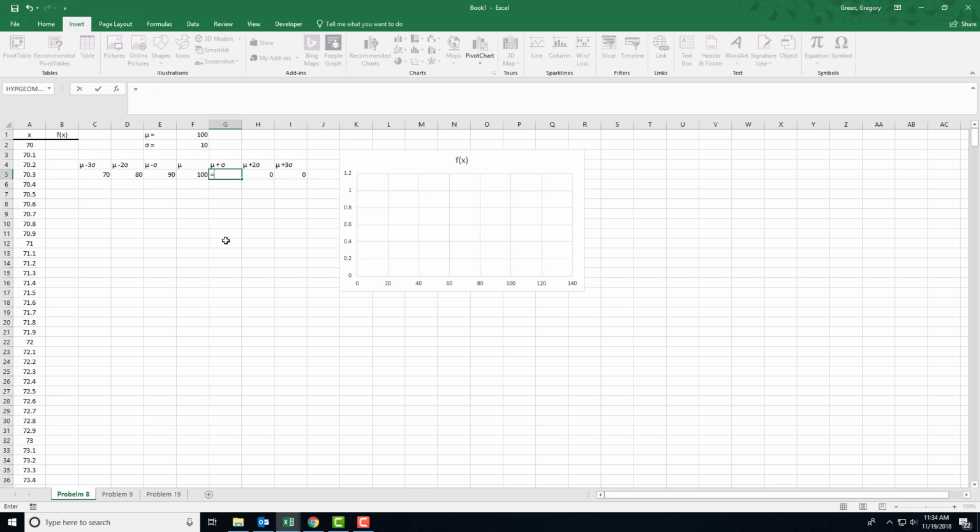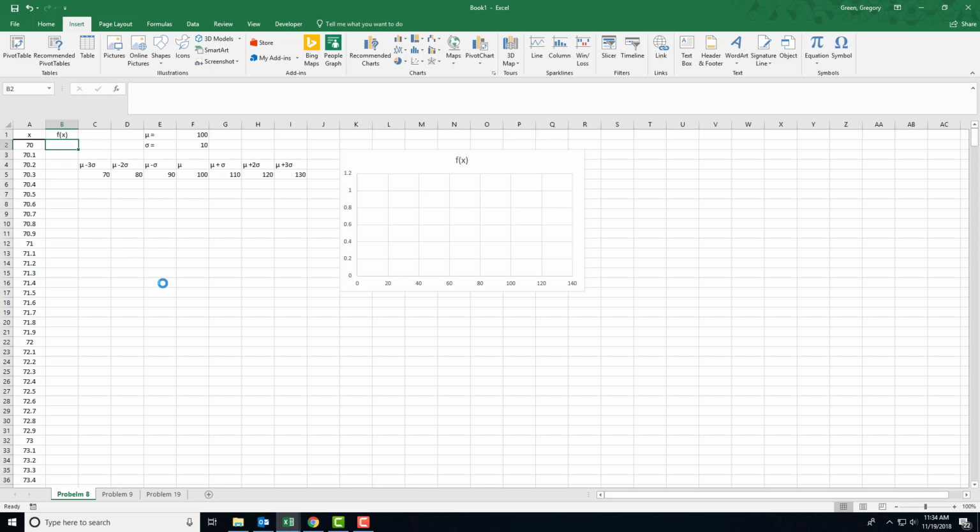So here I have the mean plus 1 standard deviation. Here I have the mean plus 2 standard deviations. And finally, the mean plus 3 standard deviations. I am using that information to try and construct my ordered pairs. Okay? So I'm going to start at 70.